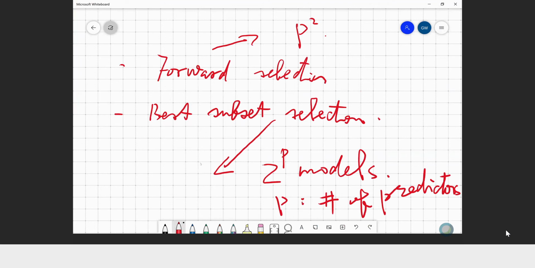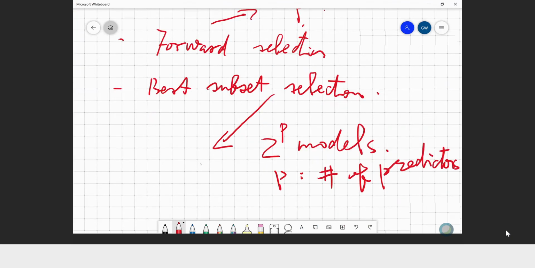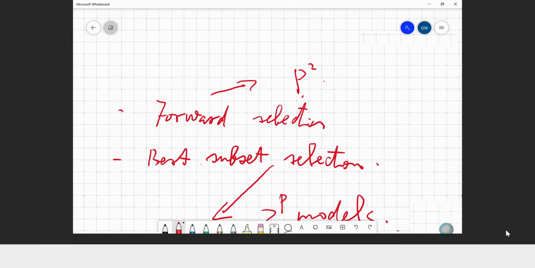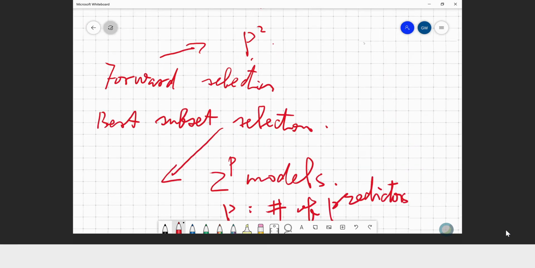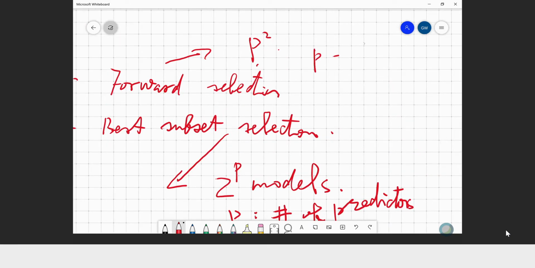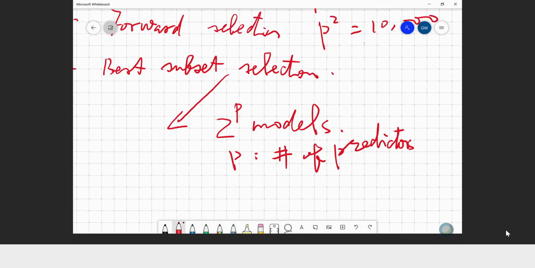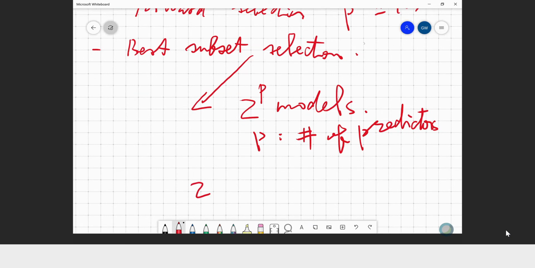Quickly think about it. If p is around 100, then p squared is around 10,000. But for best subset selection, you consider 2 to the power 100. That is a very large number.